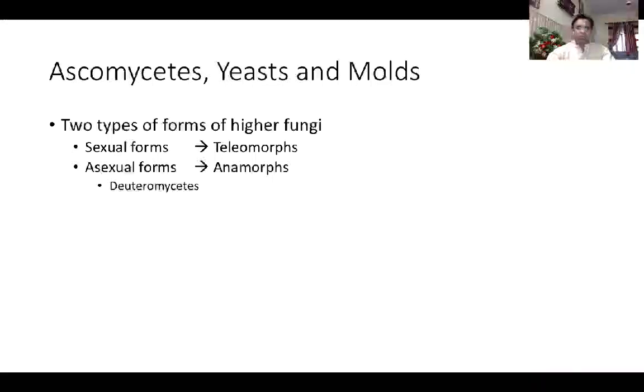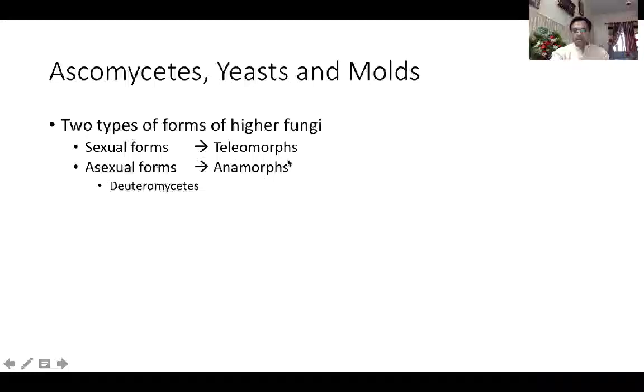So another thing that I would like to discuss in this slide is the relationship of ascomycetes with deuteromycetes. Deuteromycetes basically contain the asexual forms of fungi. The asexual forms are also known as the anamorphs.